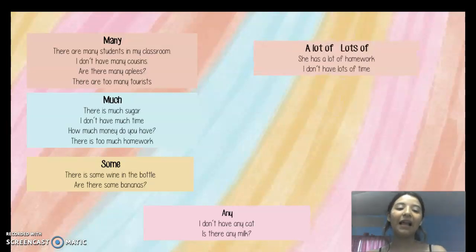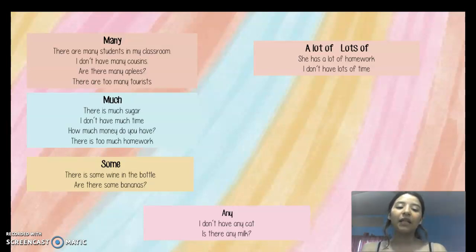Now, a lot of and lots of. We can use these quantifiers to talk about countable or uncountable nouns, and we can make affirmative and negative sentences only.